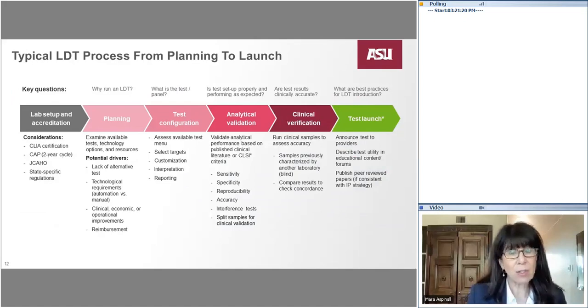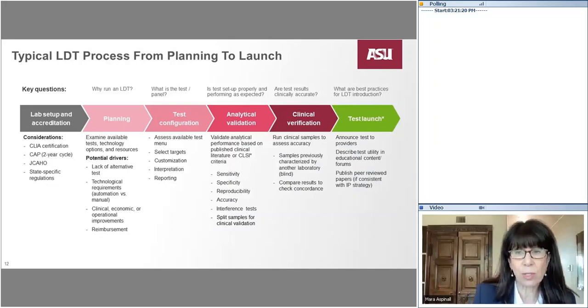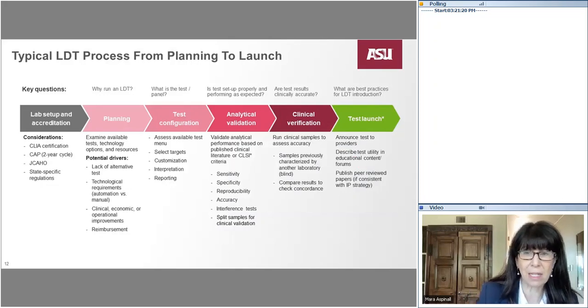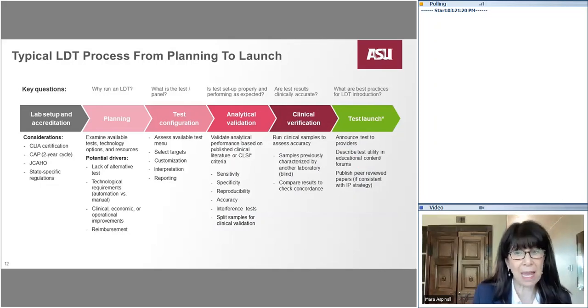What I'd like to do, and I'm going to emphasize this one way or another, but before we get to this, you should see on the right-hand side of your screen a question. I'm going to read the question, and I'm going to ask you to answer it by going into the little circles next to the A, B, C, D. What kind of diagnostic tests are you running in your lab today?